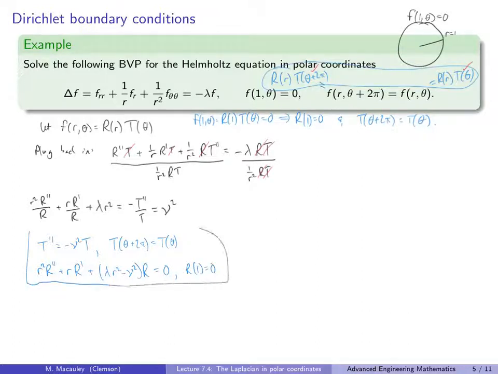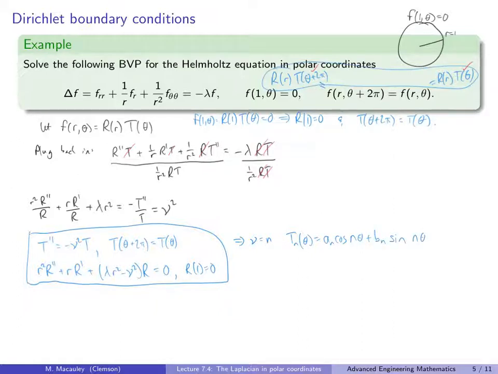Okay, so we have seen both of these ODEs. This first one, you should look at this and say, these are 2 pi periodic functions that are sines and cosines. Nu has to be equal to n, and t_n of theta has to be a_n cosine of n theta plus b_n sine of n theta.